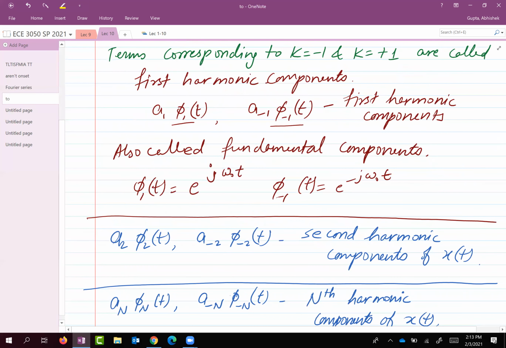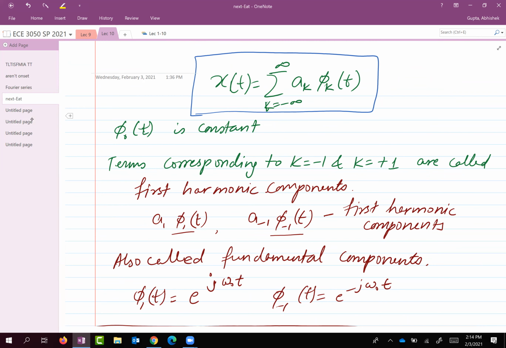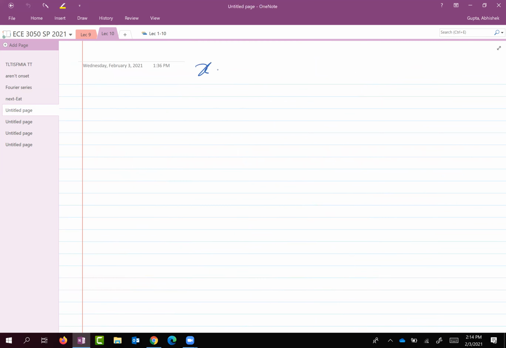So far, we have talked about complex signals. So this is a complex periodic signal. Let's make an assumption that my x of t is a real periodic signal. Okay, let's see what happens with that. So let's say my x of t, summation k ak phi k of t, is a real periodic signal.